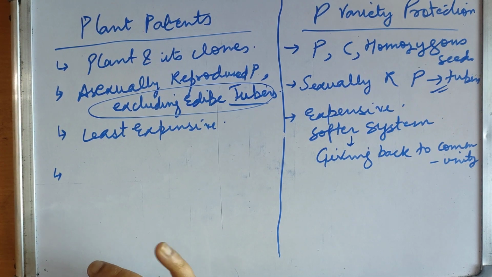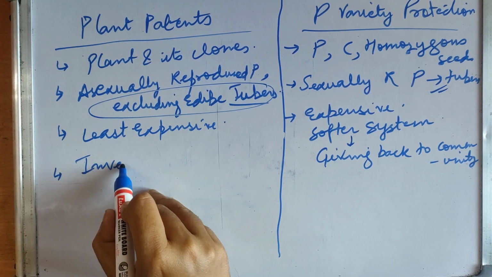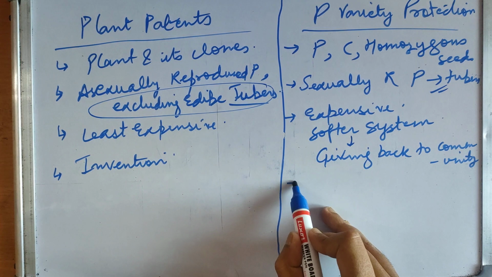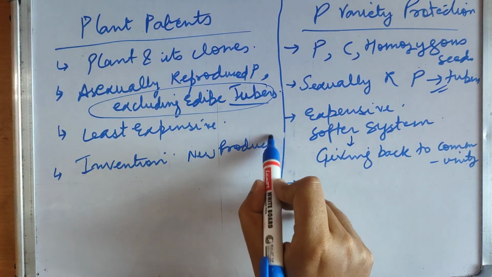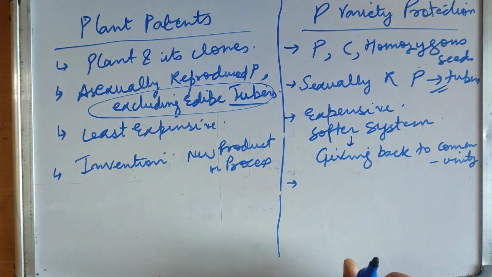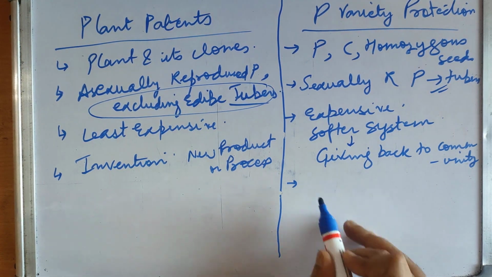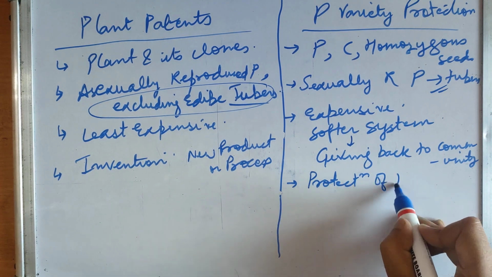A patent is granted for an invention of a new product or process. Plant variety protection is granted for protection of plant varieties.